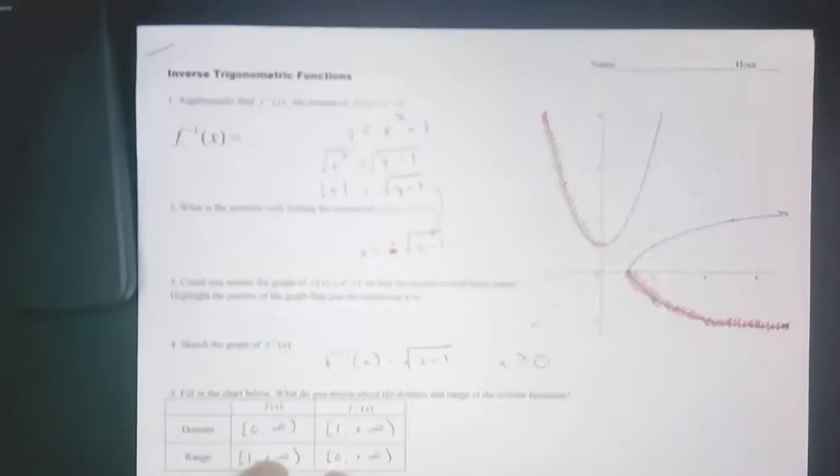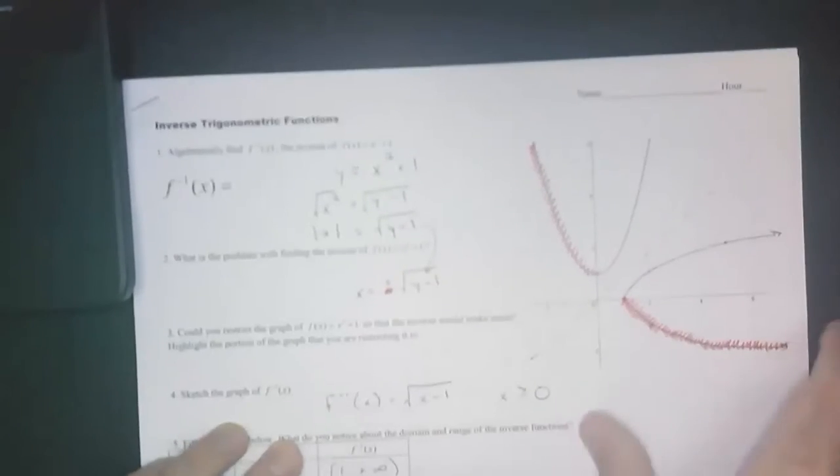And the big idea with all of our inverse trig graphs is that because our trigonometric functions are periodic, meaning they keep repeating their values, they are not one-to-one.